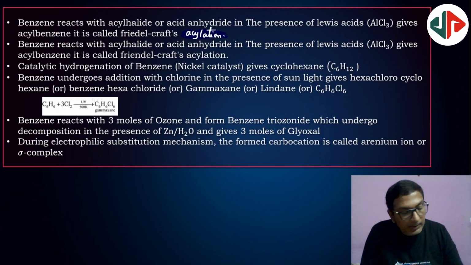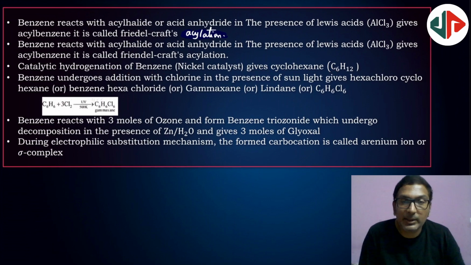Next, benzene reacts with an acyl halide or acetic anhydride. Acylation only. Next, catalytic hydrogenation of benzene will give cyclohexane.